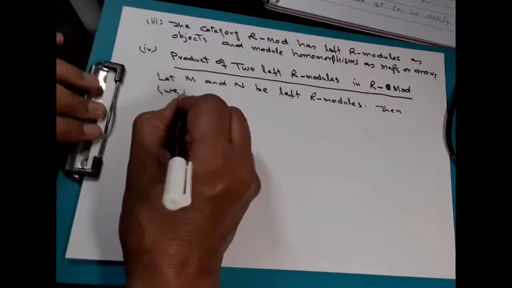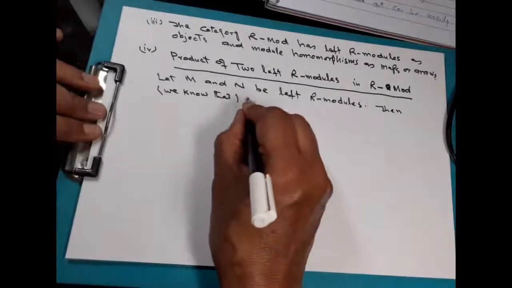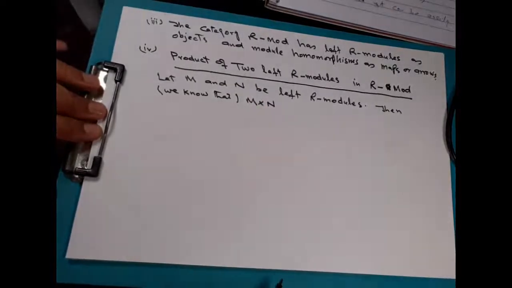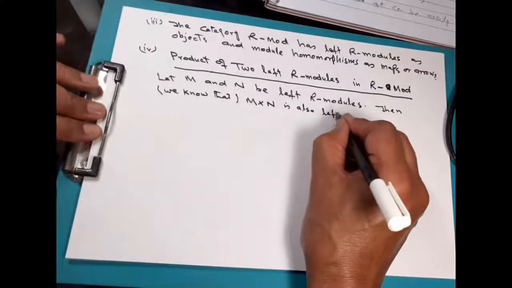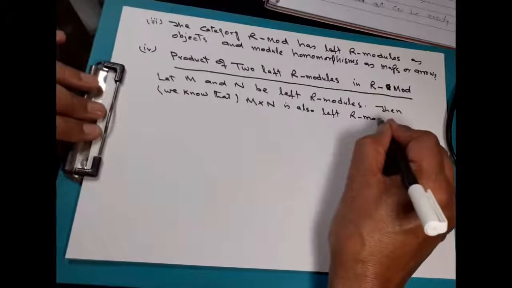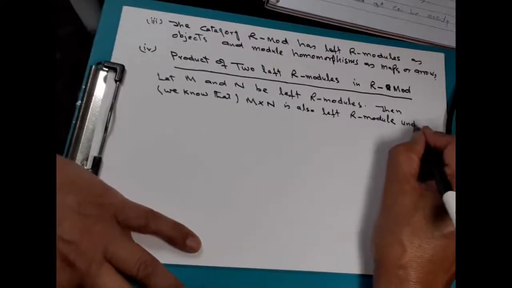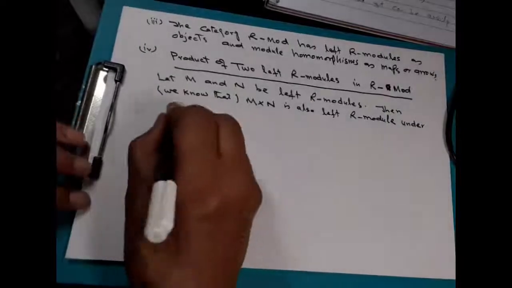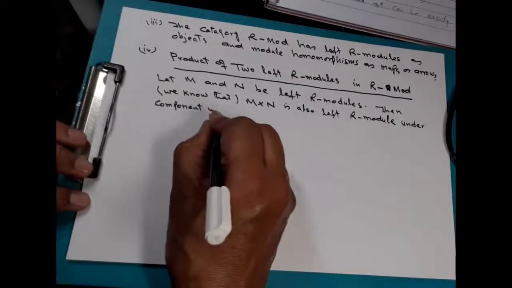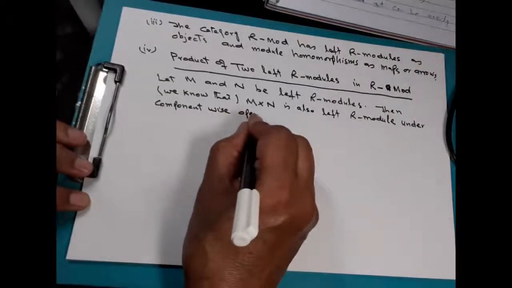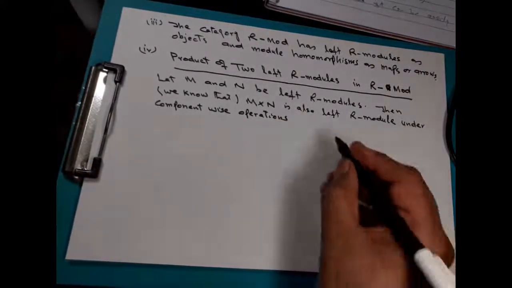We know that M cross N, this just Cartesian product of M and N, is also a left R-module under component wise operations. And you know this phrase very well, under component wise operations. And what does this mean? It will be very clear very soon.